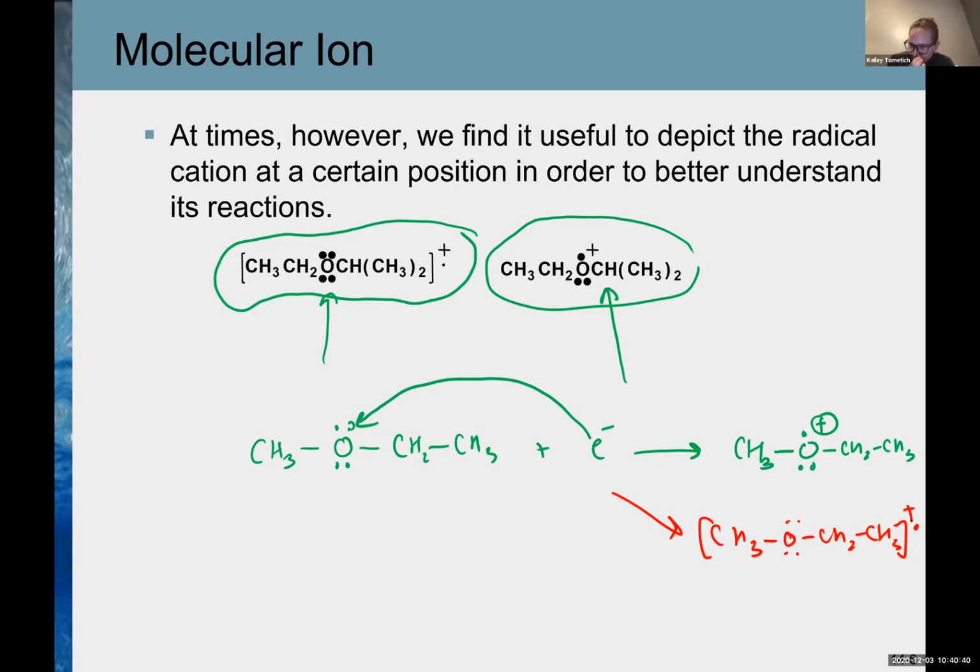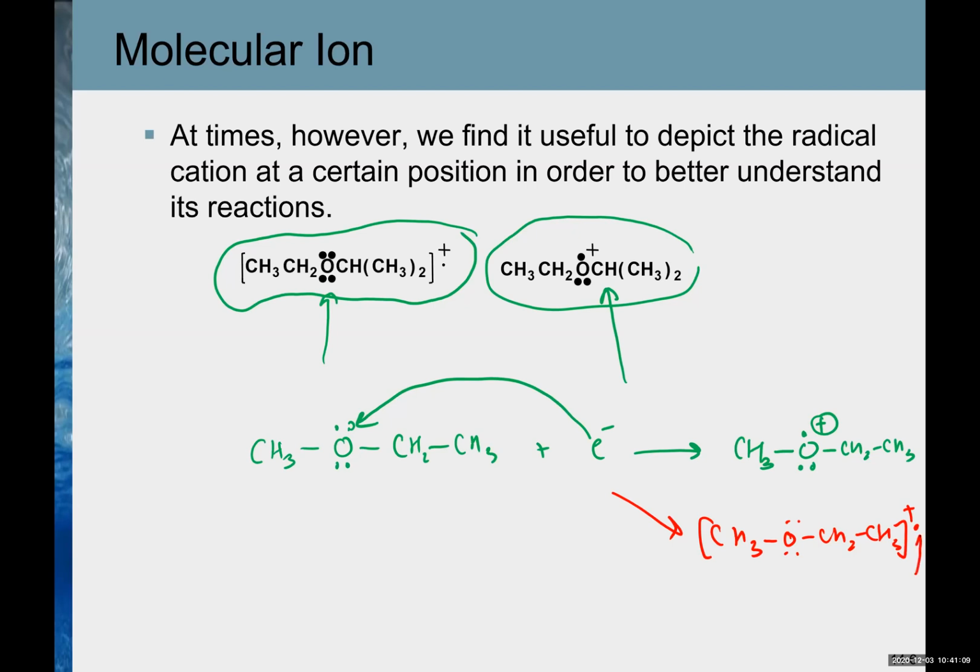Wait, Professor? Yes. So in the red writing that you just did, oxygen has both of its sets of lone pairs, and in the green drawing right above it, it only has one set and then the radical. So if you're going to draw it like the bottom one, do you put it as a neutral atom and then, in the brackets, yes.